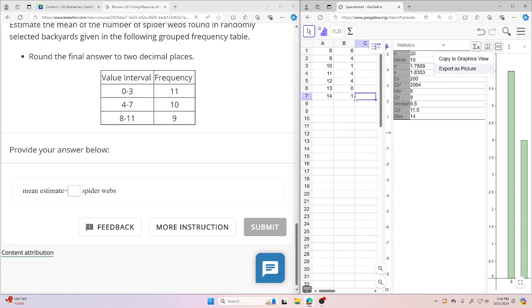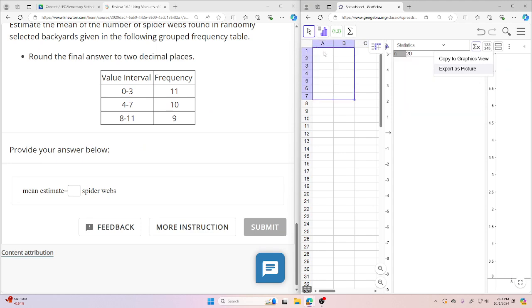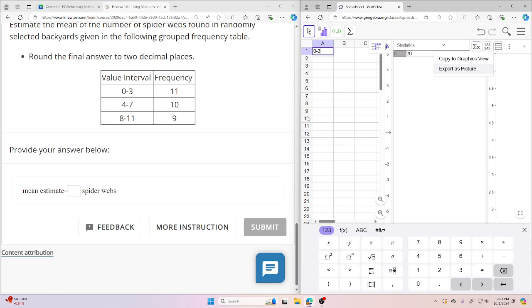Find the mean. Perfect. So if I go back in here and I put 0-3, that looks great. But if you notice, it's on the wrong side. And when I put the other ones in, you see it's all messed up. So we can't put that in there.